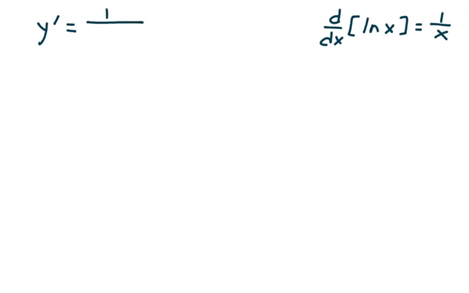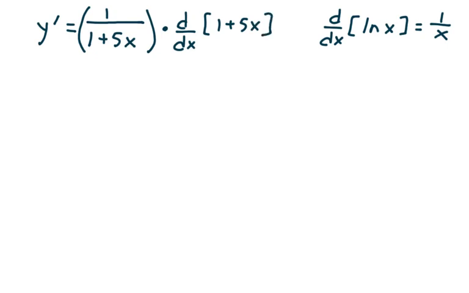So I'm going to take 1 over 1 plus 5x, okay? And I'm going to take that quantity and multiply by the derivative of the inside function. And I'm going to write it this way, if you don't mind. So in other words, I'm going to take the derivative of 1 plus 5x with respect to x. It's like I'm peeling an onion, okay?